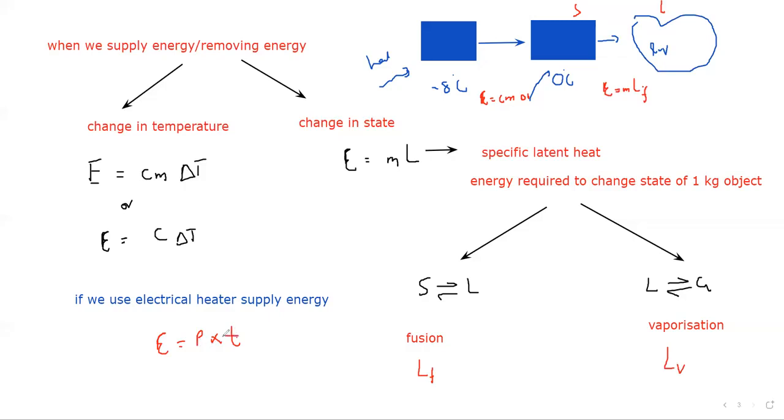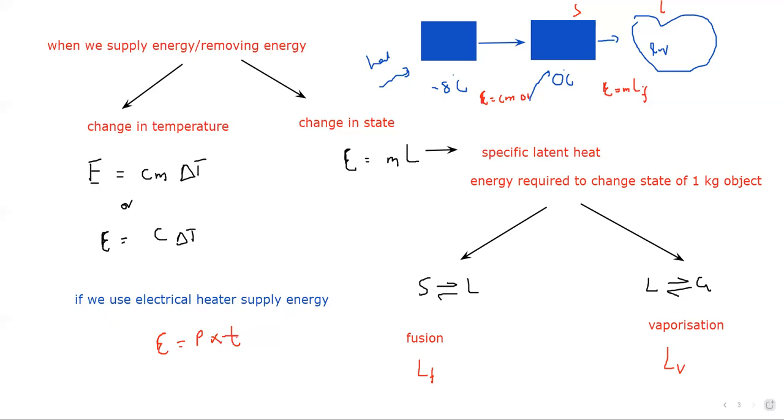But time should be in seconds. So these are the formulas related to heat, whenever there's a change in state or change in temperature for the different states of matter.